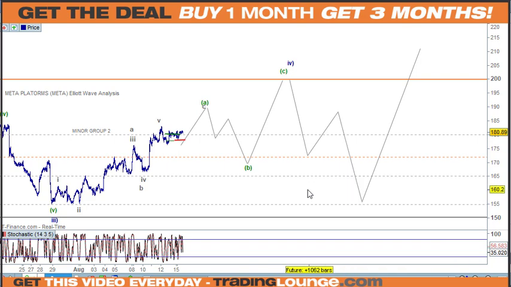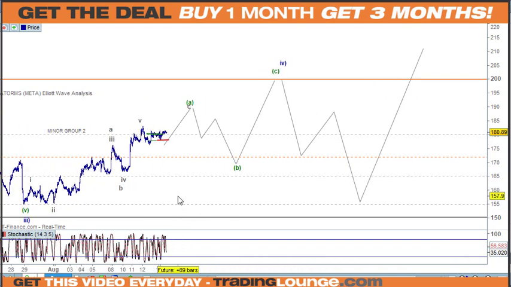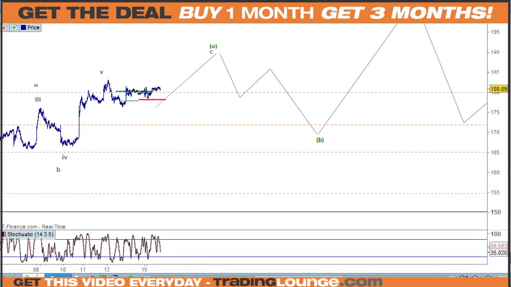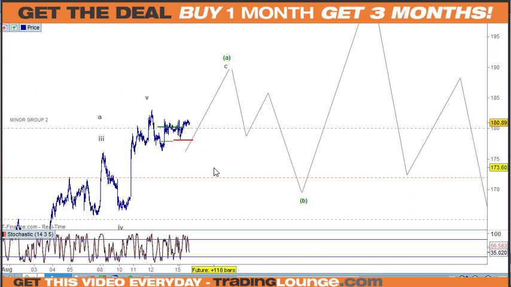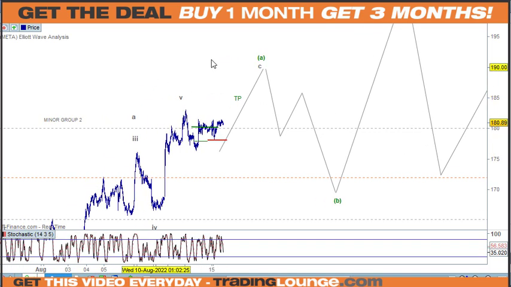So that's what we'll look at here. I have plonked a stop in there, and you'll just need to take profit somewhere into the 185 area, 188 maybe, but 185 is going to be strong at that point.